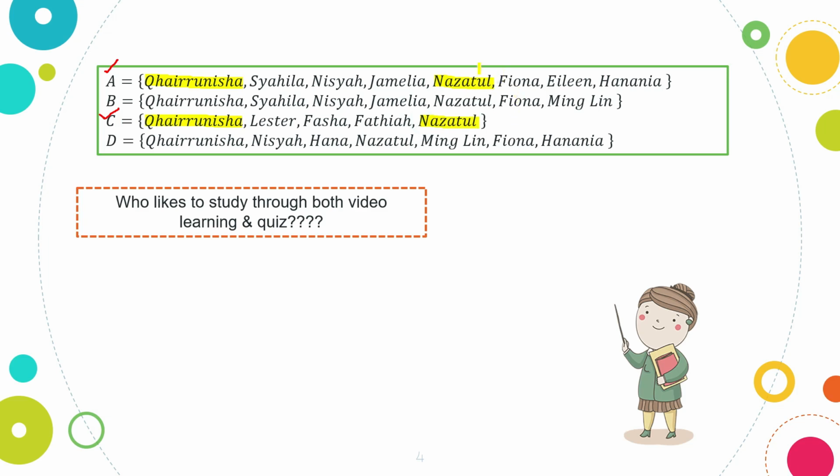Then we continue to look at the list from set A, which is Fiona, Eileen and Hanania.